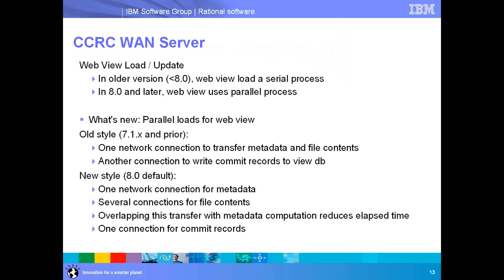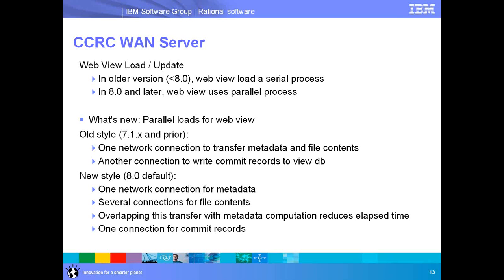To give more information about the performance on WAN server, the major improvement is in the loading and updating of the web views. In the older version, the web view load was happening using a serial process, but now we are implementing a parallel process.